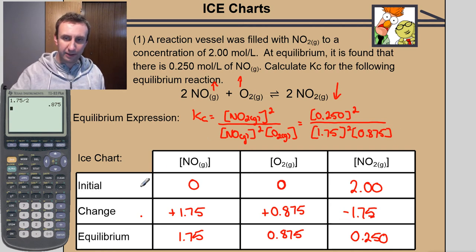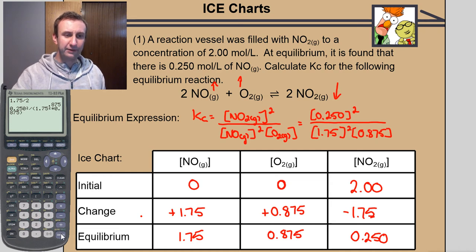So in my calculator, I'm now going to go ahead and plug in this information. I have 0.250 squared divided by, in brackets, 1.75 squared and 0.875.